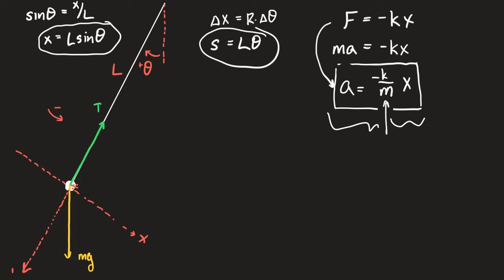And that would be nice, except when I release it, the bob isn't going to suddenly go this way. The bob is going to go this way, right? It's going to travel tangent to the circle. So I have to align my system with the direction of likely motion. I believe the object's going to accelerate along this blue dotted line.